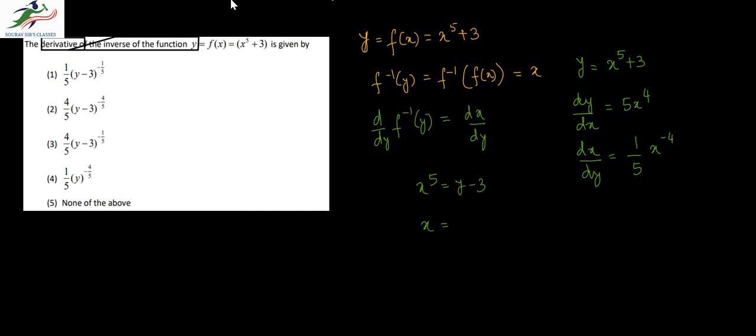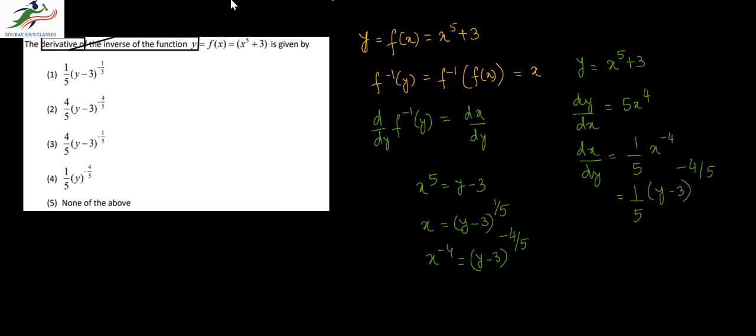So x is equal to y minus 3 whole to the power 1 by 5. So x to the power minus 4 would be y minus 3 whole to the power minus 4 by 5. So this can be written as 1 by 5 into y minus 3 whole to the power minus 4 by 5.